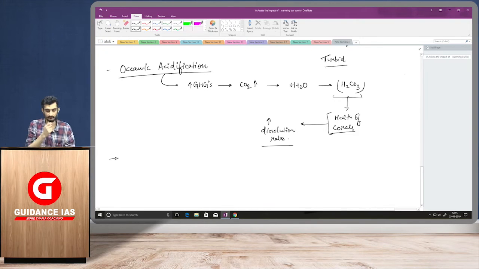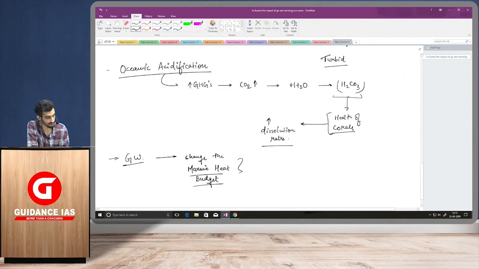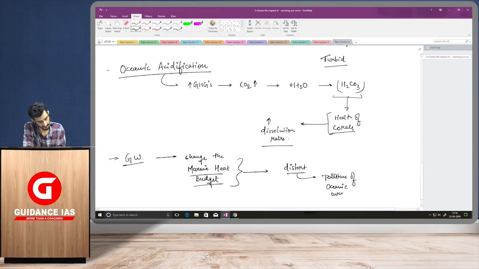The next point we can have is that global warming will change the marine heat budget, which is studied in GC Leong and other books. Marine heat budget is also in NCERT, as a result of which it will distort the patterns of oceanic currents.